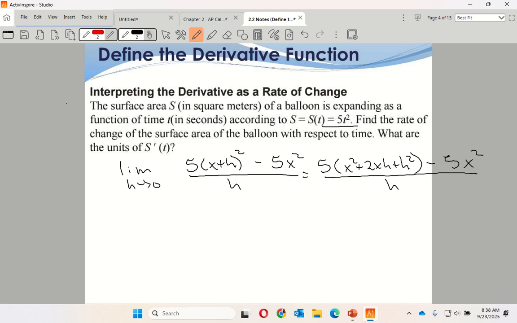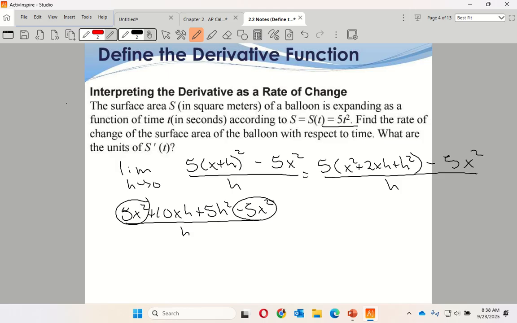As I distribute, I'm going to get 5x squared plus 10xh plus 5h squared minus 5x squared, again, all over h. These things right here are supposed to cancel.